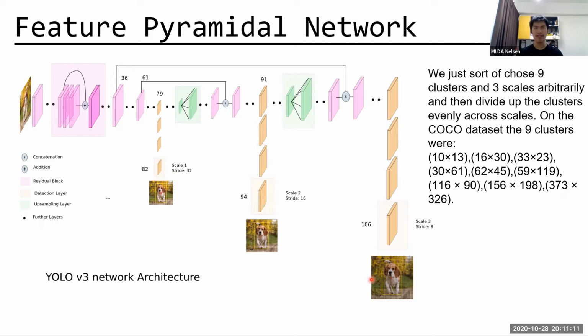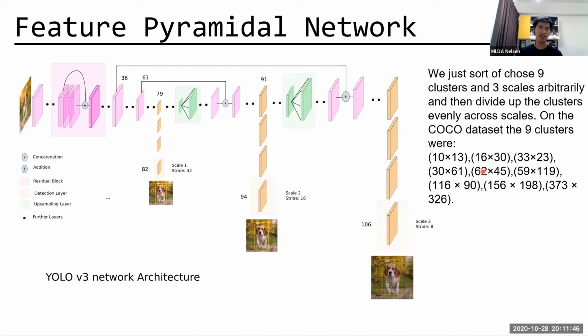And for these 3 different image sizes, we have 3 different anchors or 3 different priors, right? Or the bounding boxes that we try to modify. So all of these are predetermined. And for the COCO dataset, which is the one used to train YOLO version 3, they are using these specific widths and heights. For the small one it is 10 times 13, 16 times 30, and 30 times 23.